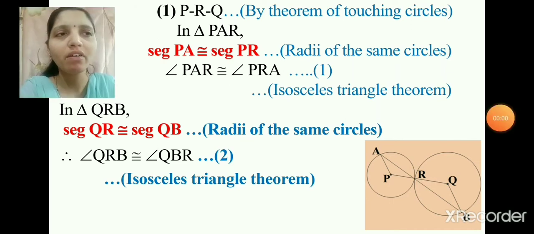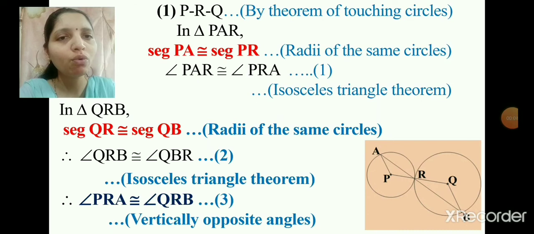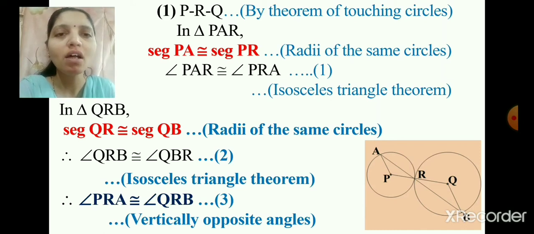And we can write here angle PRA is congruent to angle QRB. Write this as equation 3. And why are these two angles congruent? Because they are vertically opposite angles.